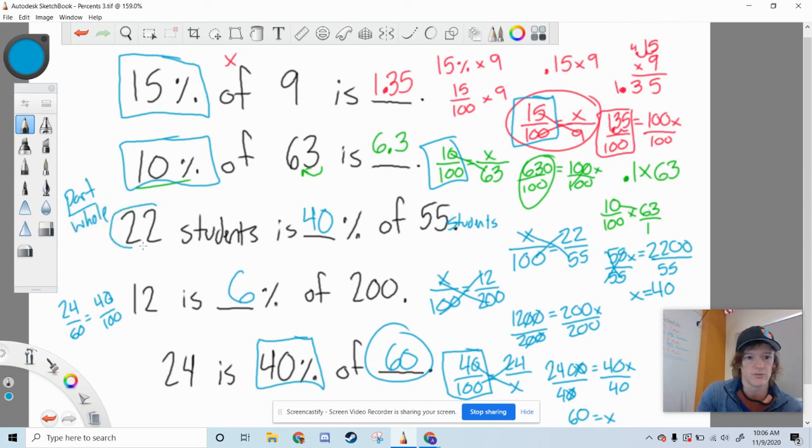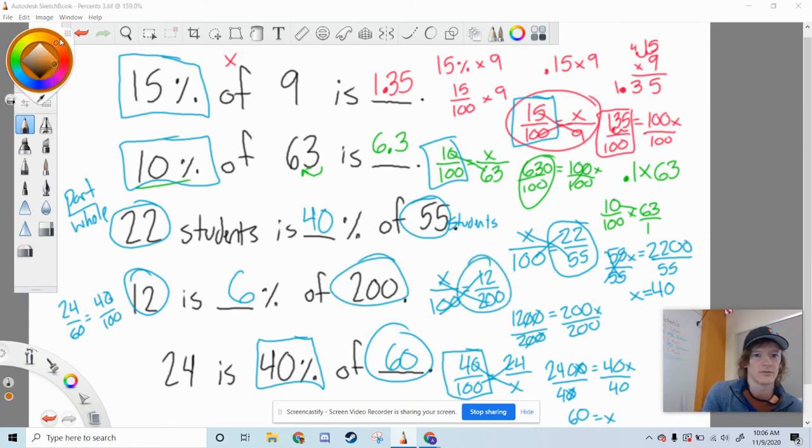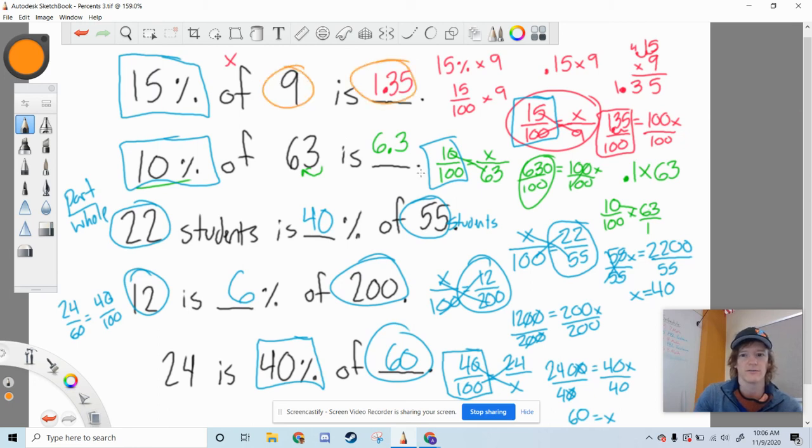On this one, it was 22 out of 55. On this one, it was 12 out of 200. And then I'm going to grab orange to demonstrate that on this one our part and our whole was 135 over 9. On this one, our part was 6.3 out of 63.